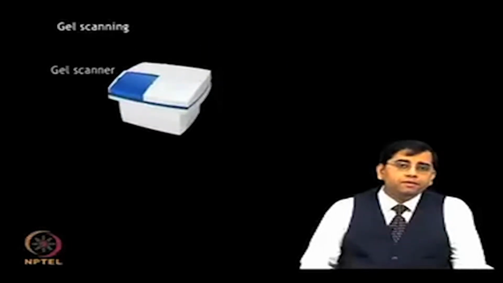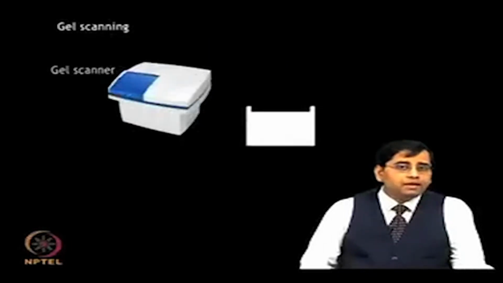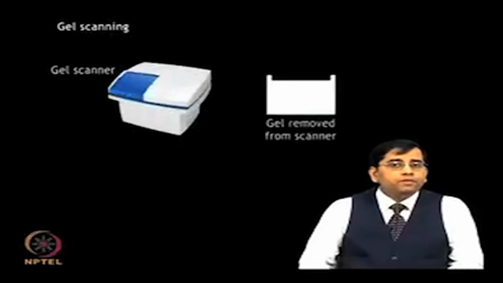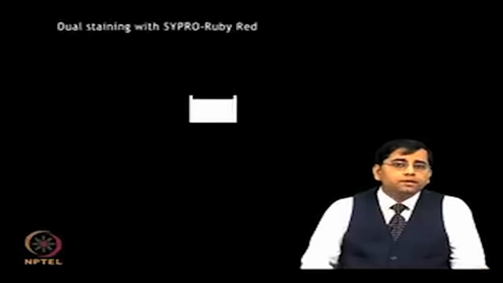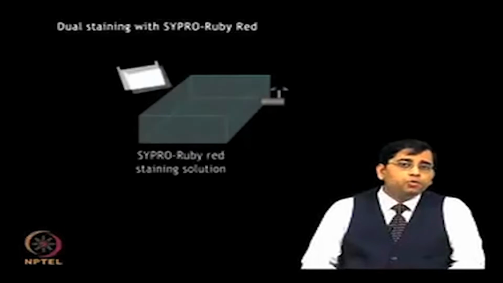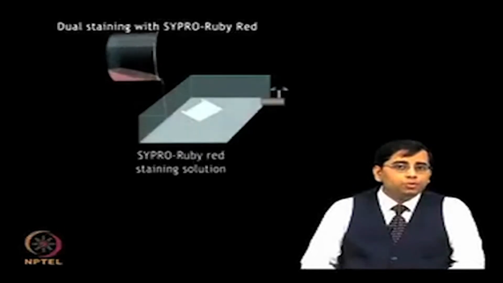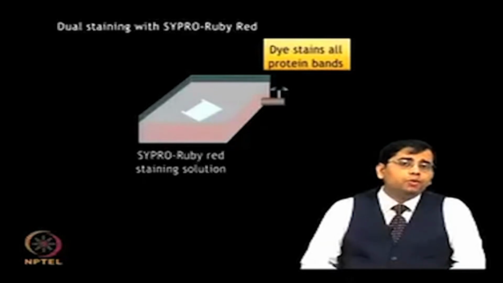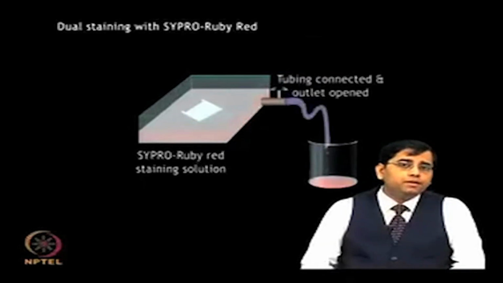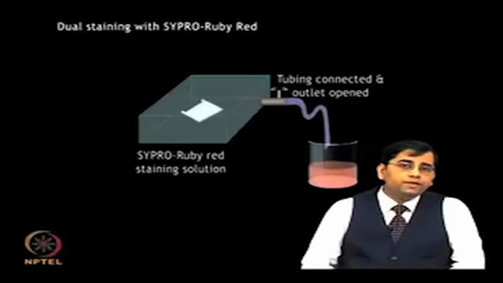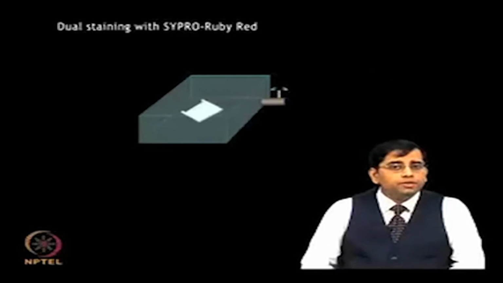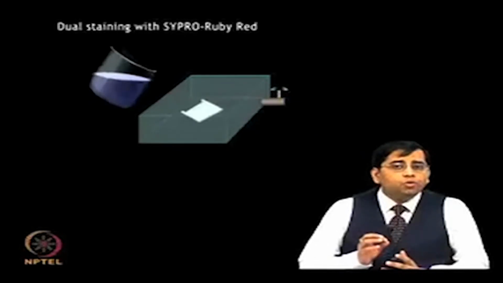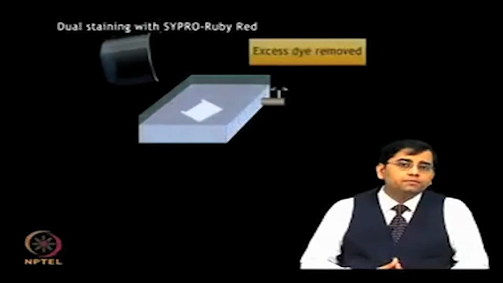The image can be saved and the gel is removed from the scanner for treatment with the second stain, a procedure known as dual staining. This gel is placed in SYPRO Ruby red fluorescent dye solution. This dye stains all the protein spots present on the gel, thereby providing a total protein image with sensitivity down to the nanogram level.